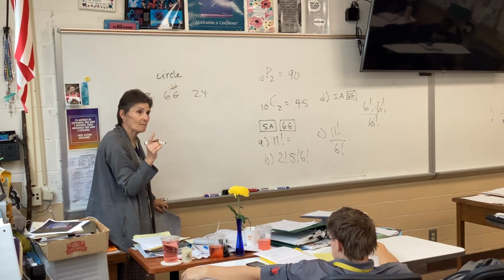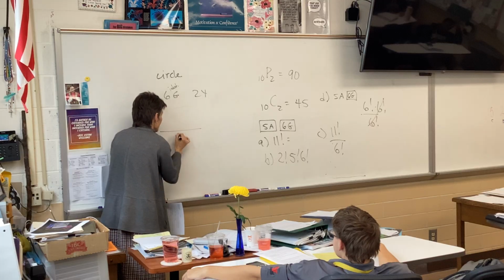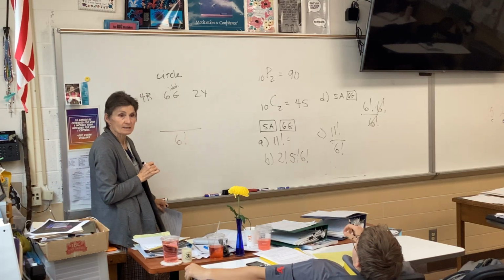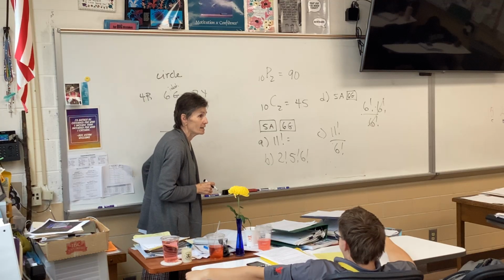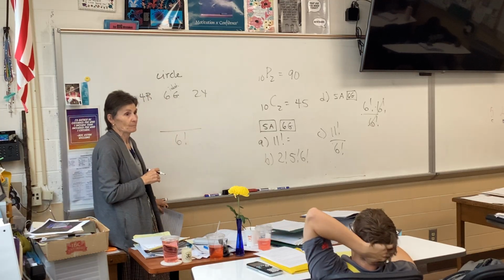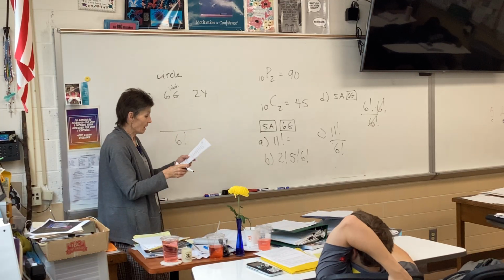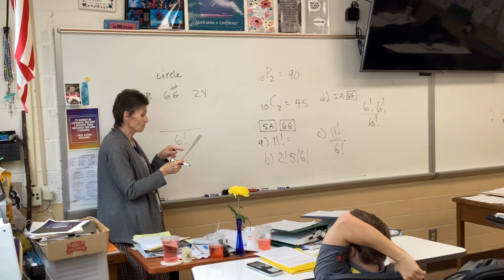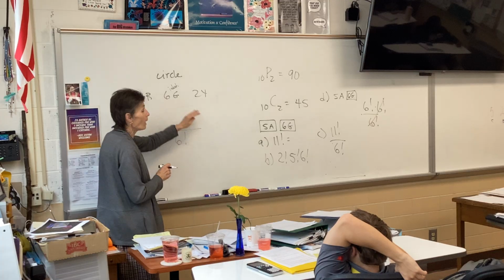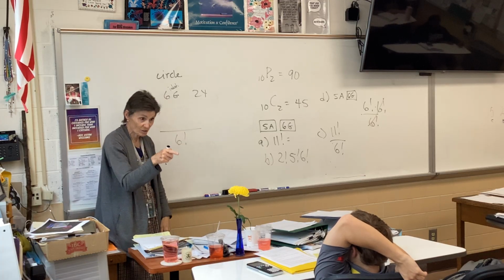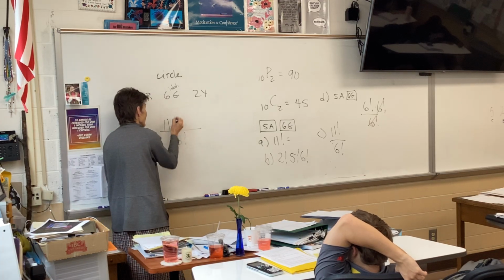What does that mean? That means at some point I'm going to be dividing by 6 factorial because we always divide by identical things. Okay? Now, does it say anything about keeping anything together? No. How many beads have I got? I got 12, but I'm putting them in a circle, so 11 factorial.